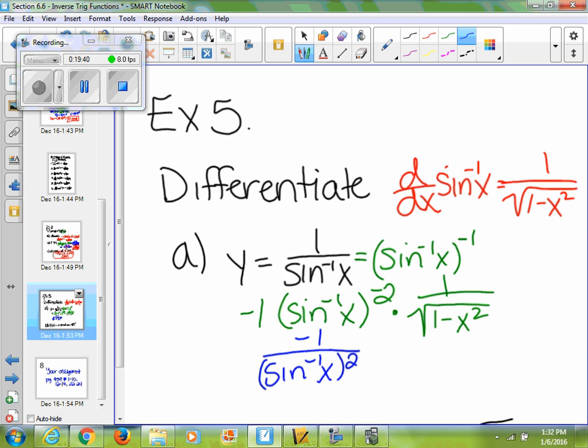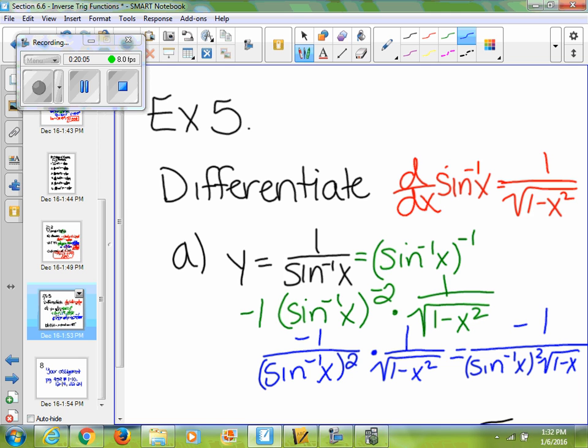The negative 1 would stay on top, and I'm taking that times 1 over the square root of 1 minus x squared. And then if I just multiply my fractions straight across, negative 1 times 1 is negative 1, over the inverse sine of x squared times the square root of 1 minus x squared. Can't simplify that any further.